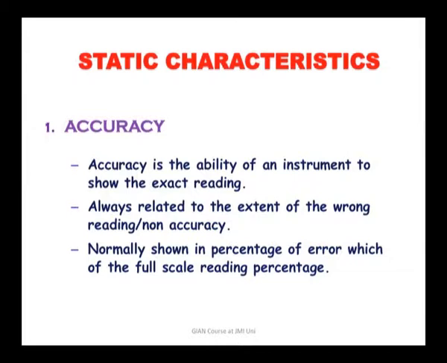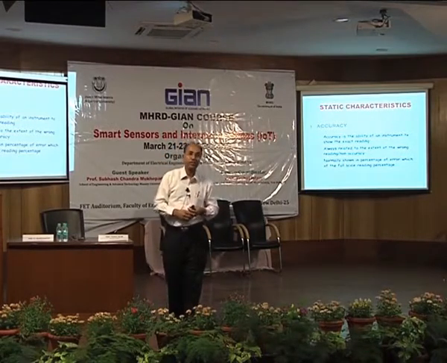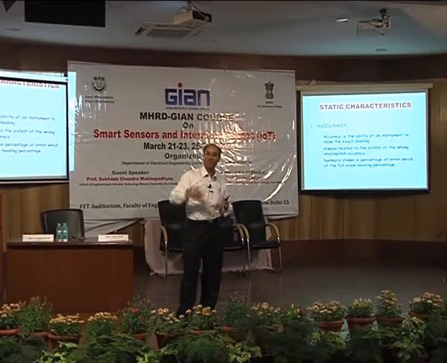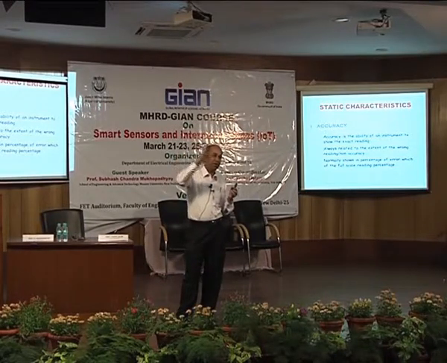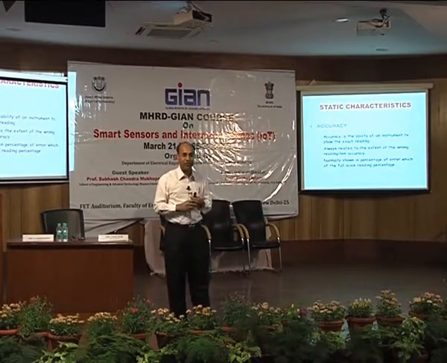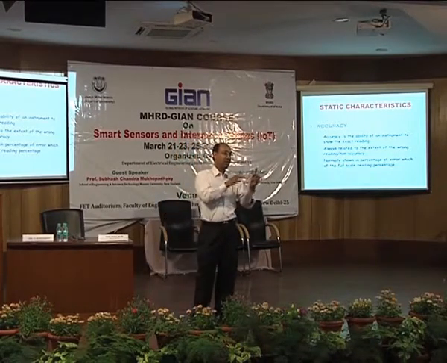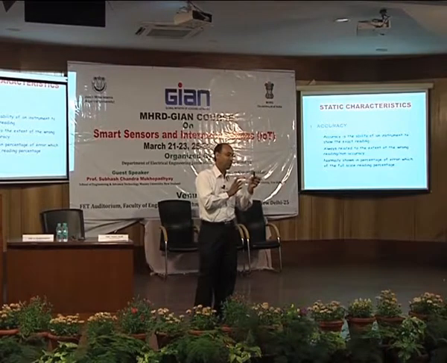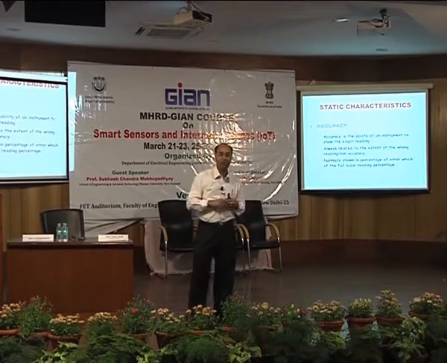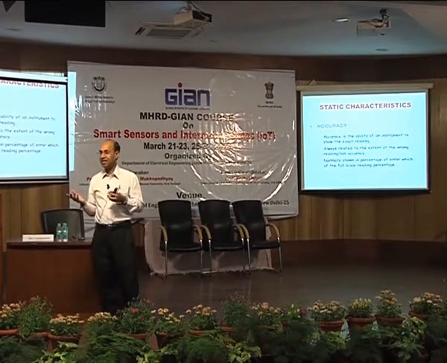As you know, a percentage means there is something in the denominator. If you make the denominator bigger, your percentage always becomes less. Sometimes the manufacturer gives you a different range, and if the range is very high, then you can make the accuracy look very good. But you cannot do that, because if you want to measure 1 volt and you are measuring on a 100 volt scale, your denominator becomes 100, which is not correct.